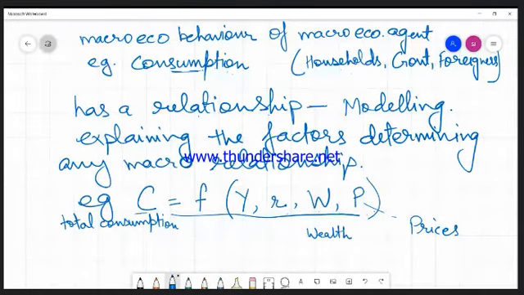So how are economic agents behaving here? The consumption of households, government and foreign sector depends on their income level, the interest rate in the economy, wealth stock in the economy, or the prices in the economy.